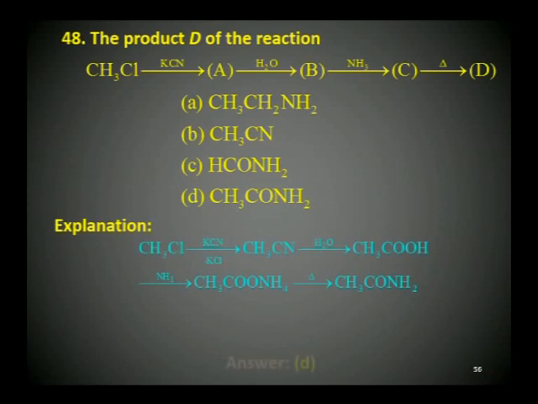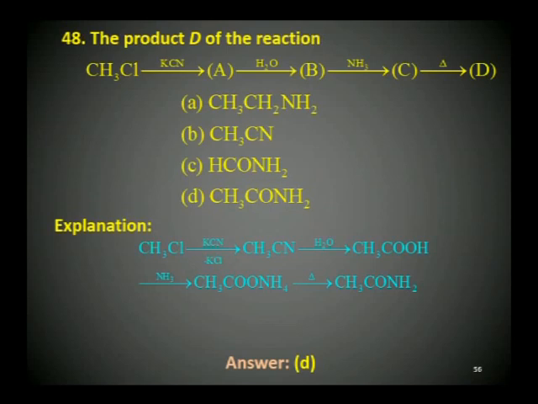When chloromethane reacts with potassium cyanide, it loses potassium chloride and produces methyl cyanide, which is also called ethane nitrile. Ethane nitrile on hydrolysis produces ethanoic acid.